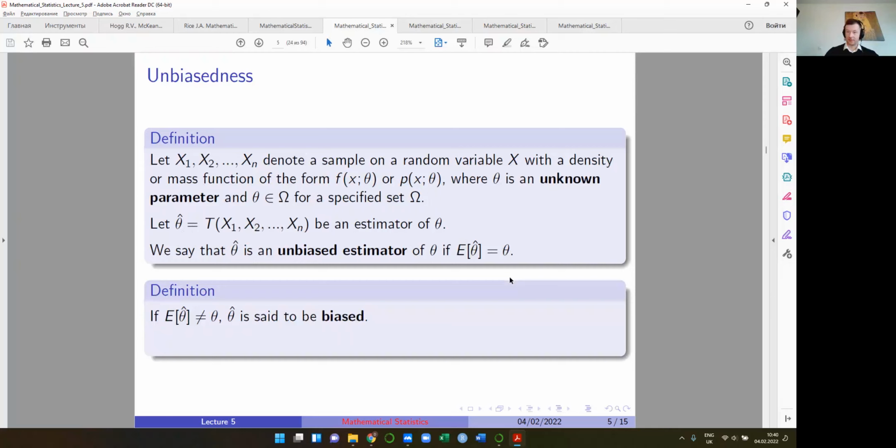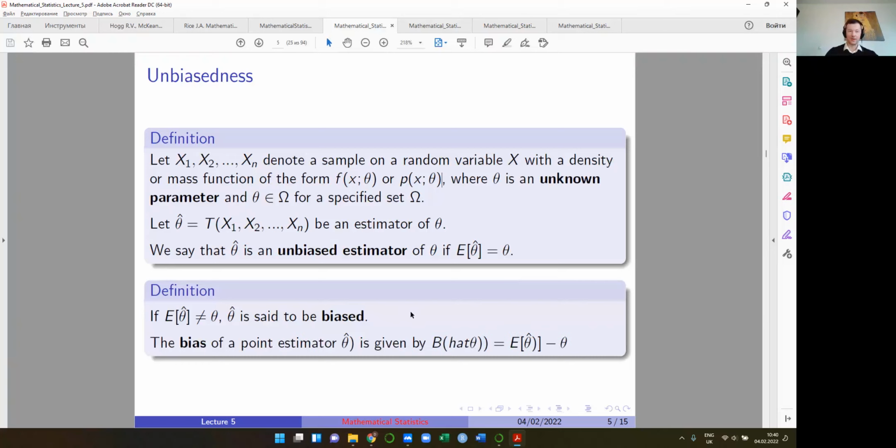If this equality doesn't hold, then theta hat is called a biased estimator, and we will hear about bias almost every class from now on, especially in econometrics, because biased estimators are a large problem there.